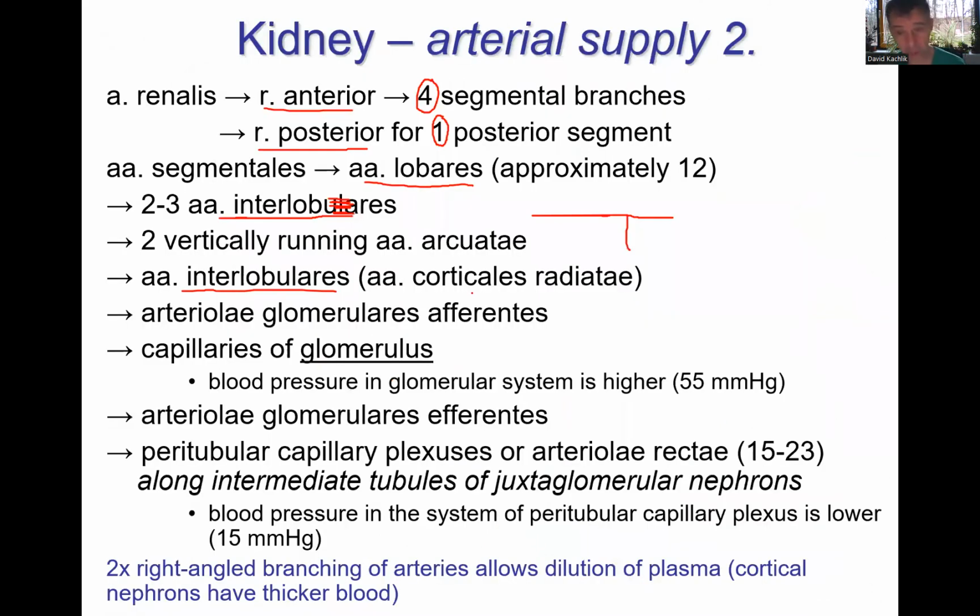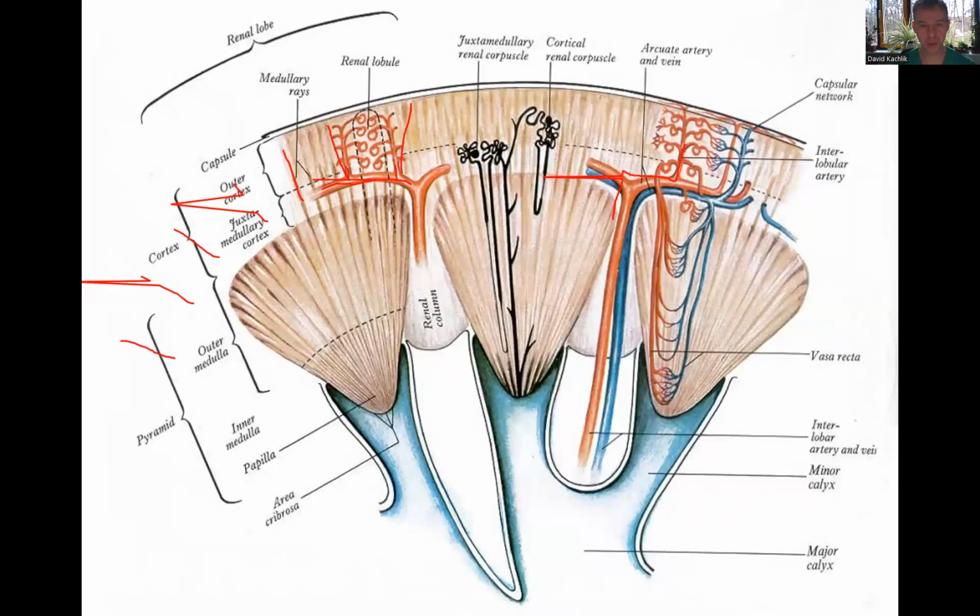So that's the synonym, radiate cortical arteries or interlobular. And then from this interlobular, we already have branching the afferent glomerular arterioles. So when I come back, you can see here these small afferent arterioles already forming the glomeruli.